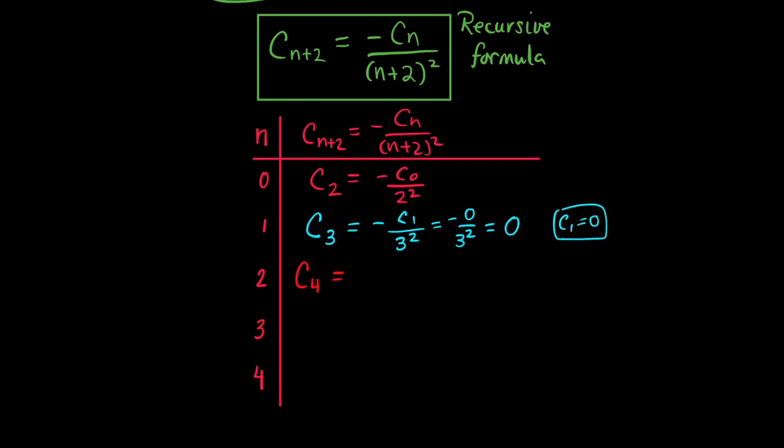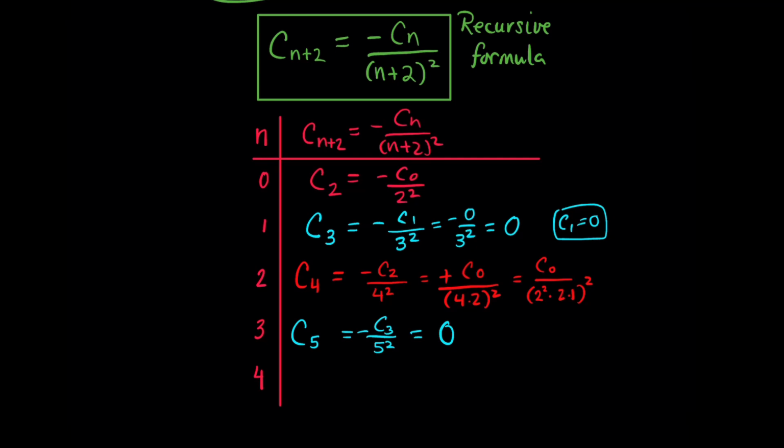And we're going to see all of the odd numbered terms are going to be equal to 0. All the even numbered terms are going to be able to be written in terms of the coefficient c0. And as we increase the number n, we see that the denominator is going to be equal to certain powers of 2 times factorial squared.